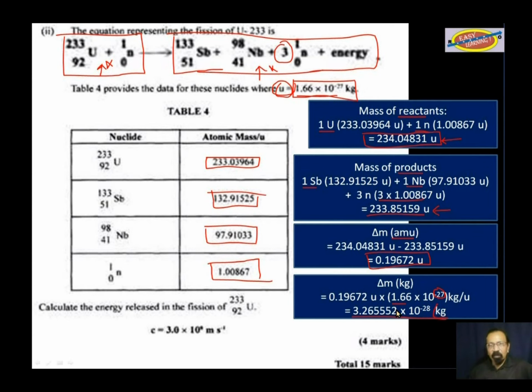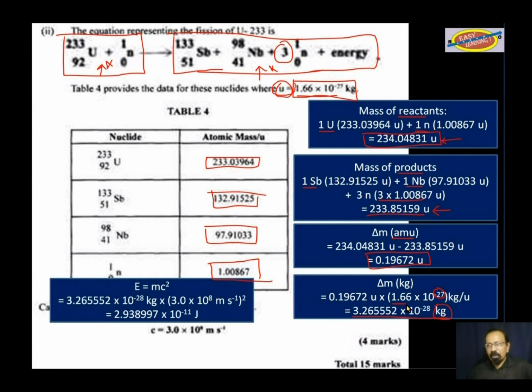Now that we have this mass in kilograms, we can easily substitute in the equation E is equal to mc squared. This m here stands for the mass that became energy. That is the mass. This is c squared, which is the speed of light squared, and we get this answer in joules. We are going to keep as many decimal places as possible.